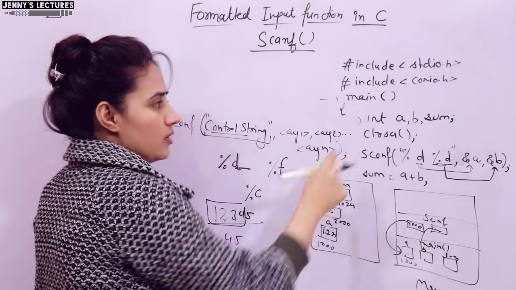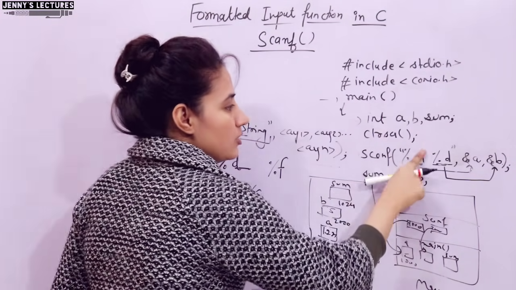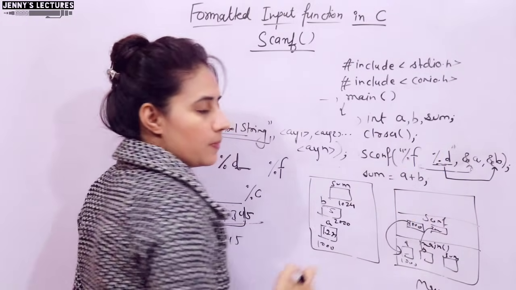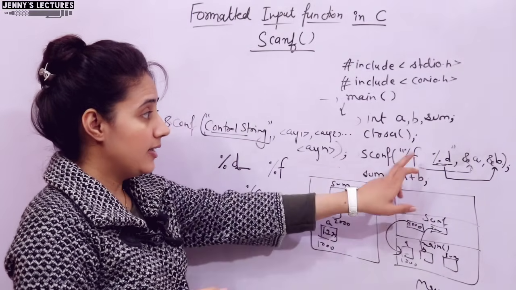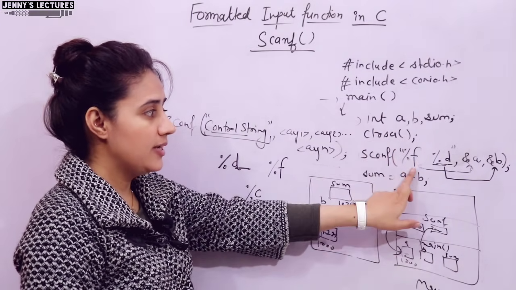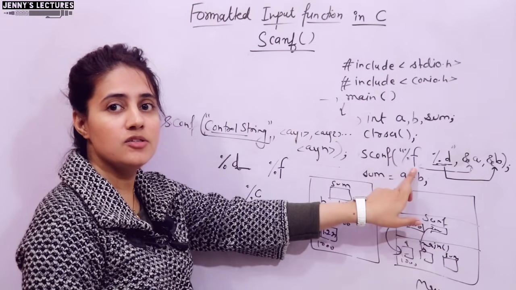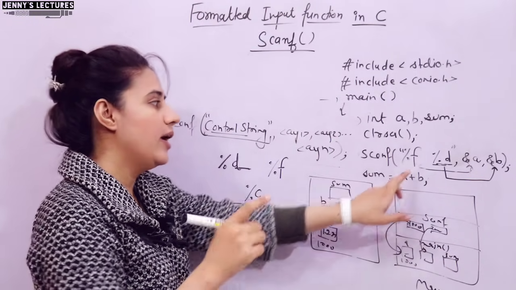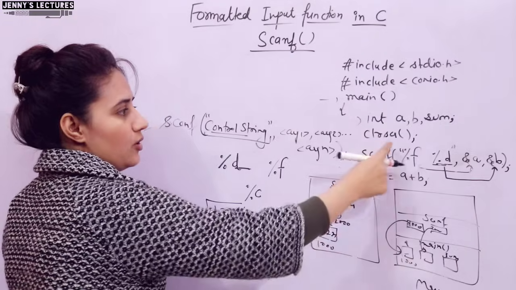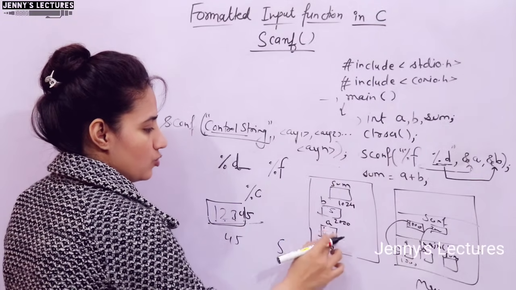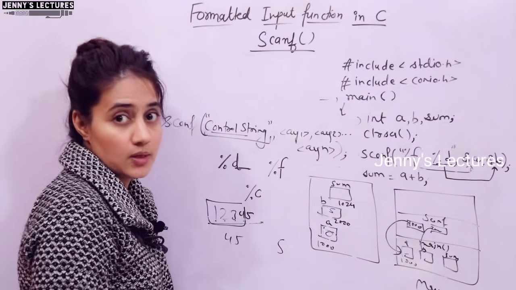Now next is what? This is for integer, and suppose you write here %f, what will happen? The data is an integer, but it is expecting float data. So if you enter 5, then it will not take anything. It will store 0 in A, right.